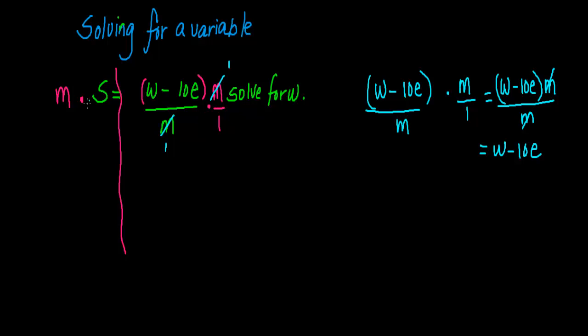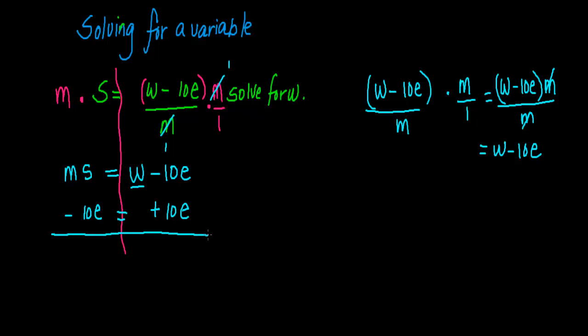When I multiply m times s, I simply have ms equals, and on this side, since both m's canceled out, I'm left with W minus 10e. Now, how do I isolate W? Well, W is subtracted by 10e, so I'm going to add 10e because that will cancel out 10e minus 10e on both sides.